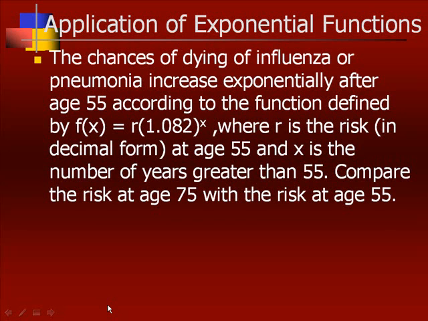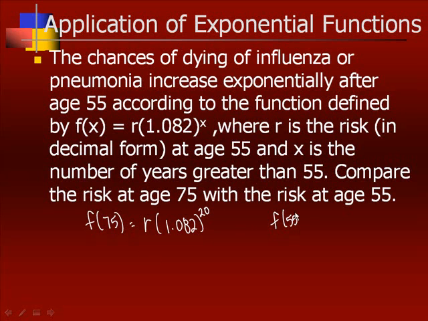Compare the risk at age 75 with the risk at age 55. Well, f of 75 means r times 1.082 to the x, where x is the number of years greater than 55. So for 75, x is 20.